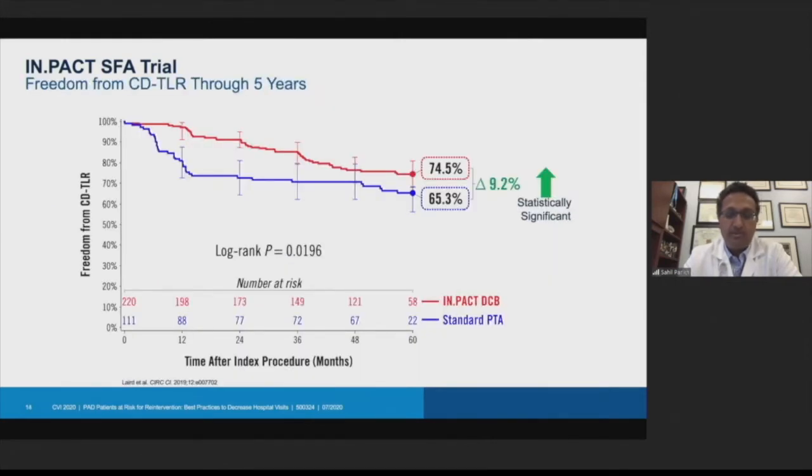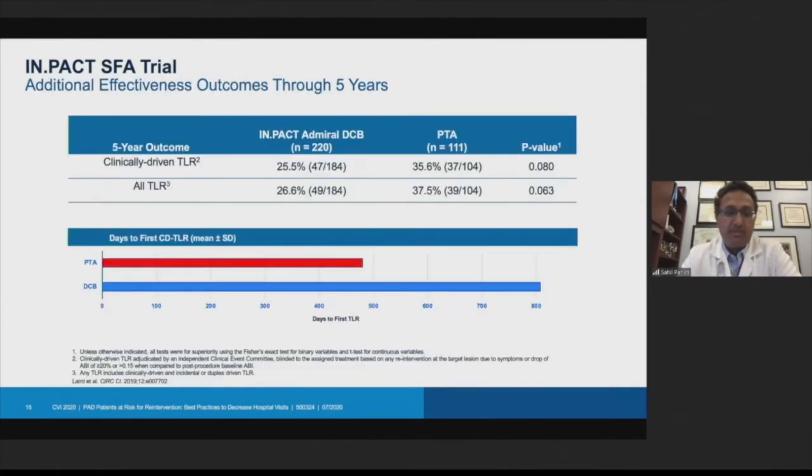Here are the clinically driven TLR data published in Circulation in 2019, demonstrating a freedom from TLR of approximately 75% at 5 years for patients like the patient I described earlier, which is statistically significantly better than plain old balloon angioplasty. And you can see that with respect to these clinical outcomes, the days to the first TLR are substantially longer when you compare those two metrics.